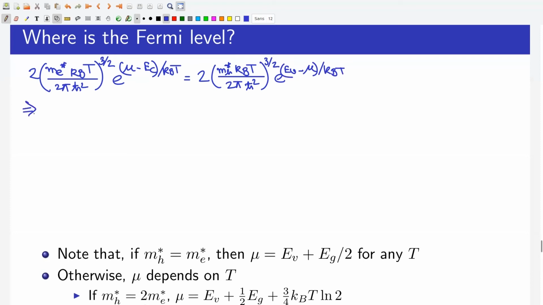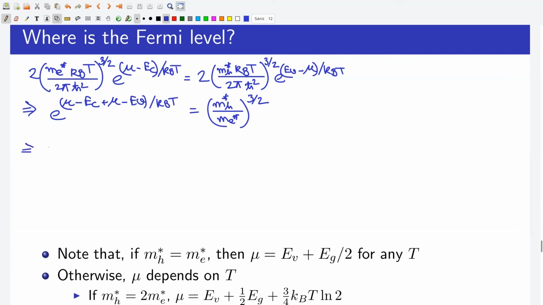We can write e^((μ - Ec + μ - Ev)/kBT) is equal to (mh*/me*)^(3/2).